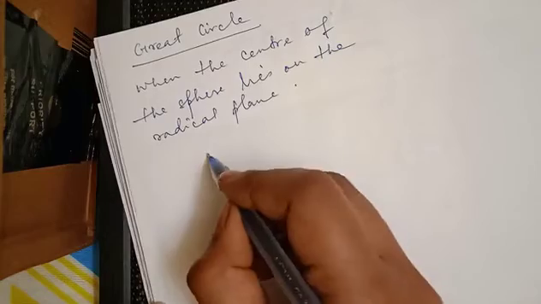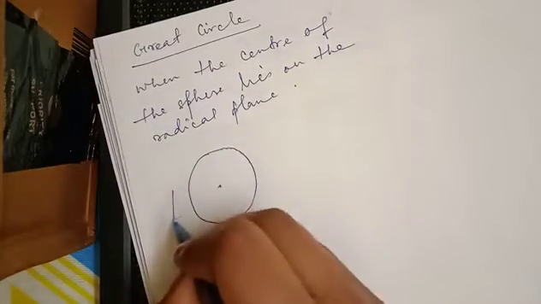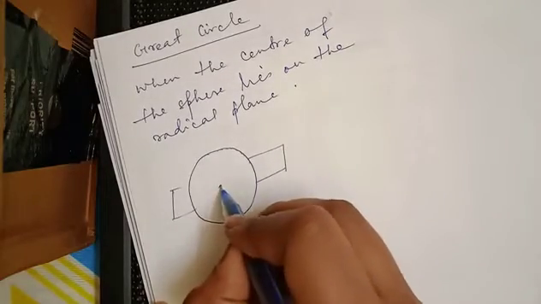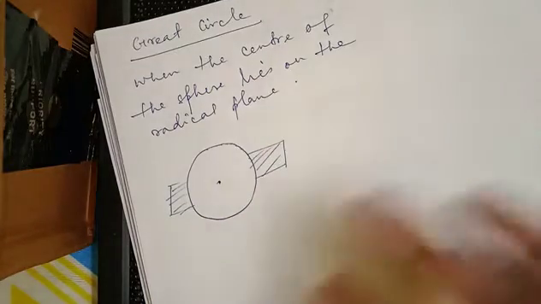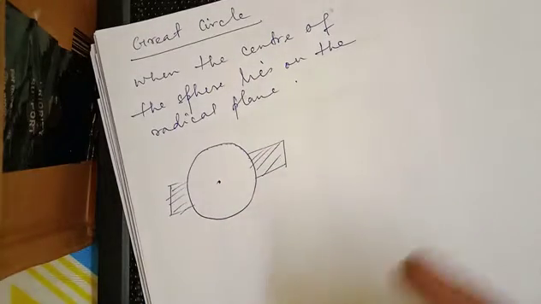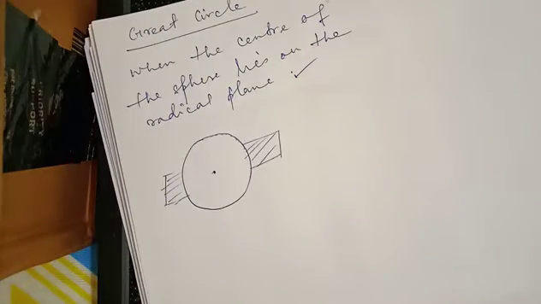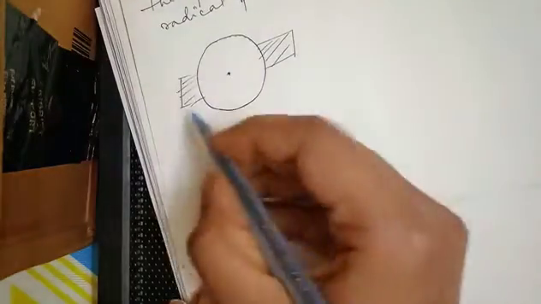That means suppose this is cutting, this is the center and this is the radical plane. When this happens, the center of the sphere lies on that radical plane. When it is cut by another sphere or by a plane, if this condition is satisfied, it is called a great circle. So let's solve one example using great circle.